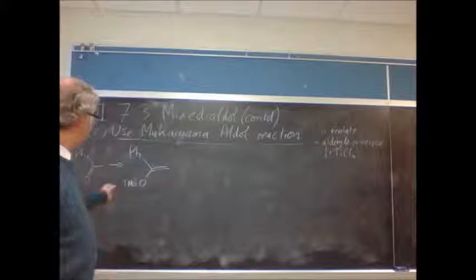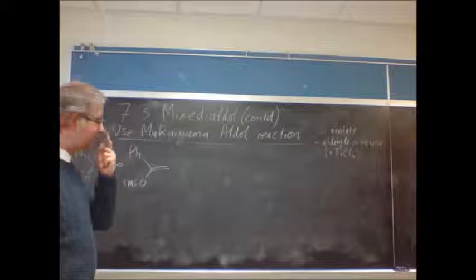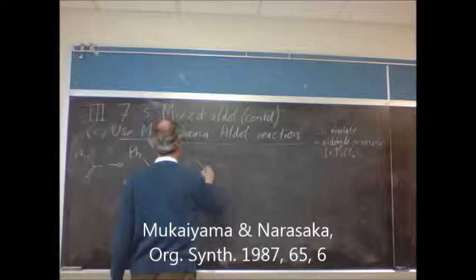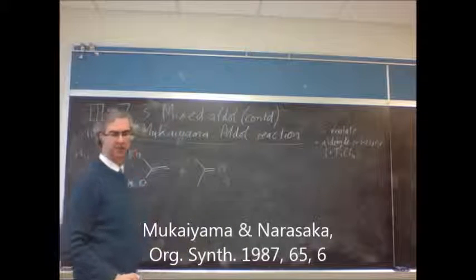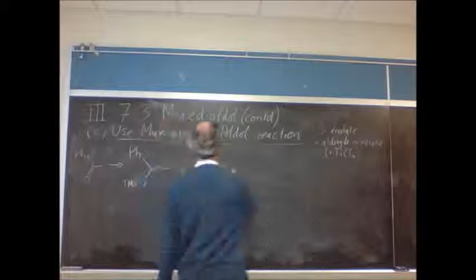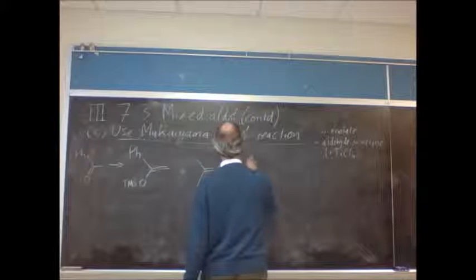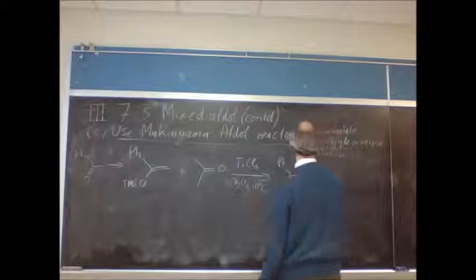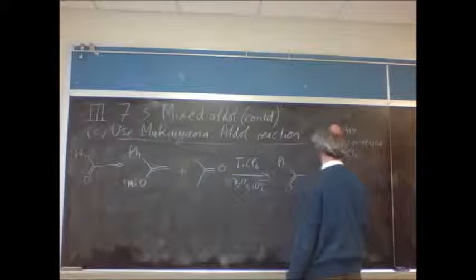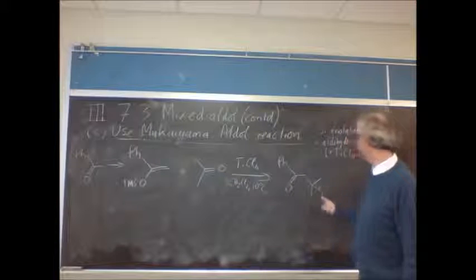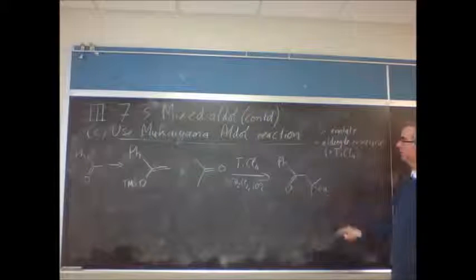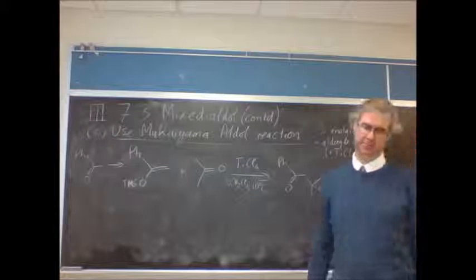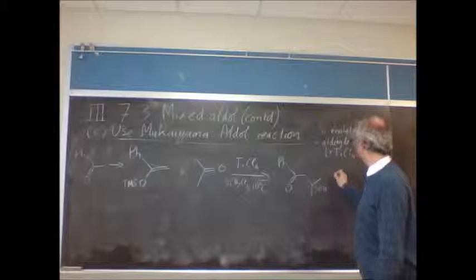And that silicon enolate will react with acetone in the presence of our titanium tetrachloride. And we get the aldol addition product. So this is quite a useful one. That's 74% yield.